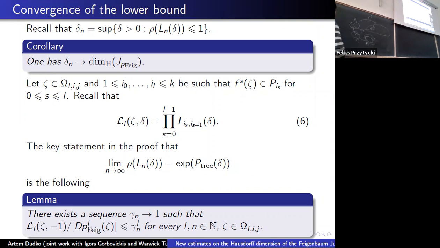And a very quick idea of the proof is that, so we have here 0, we have some pieces containing 0.